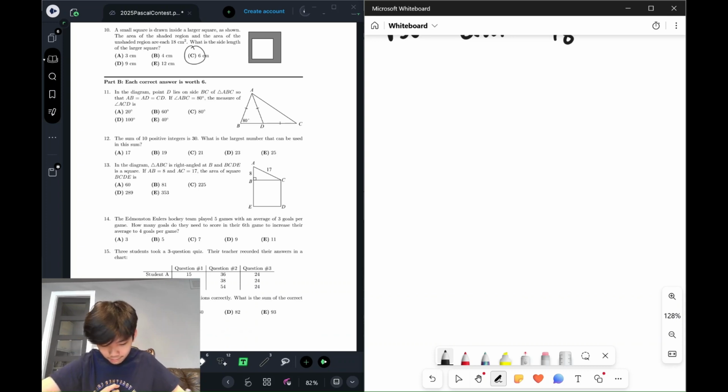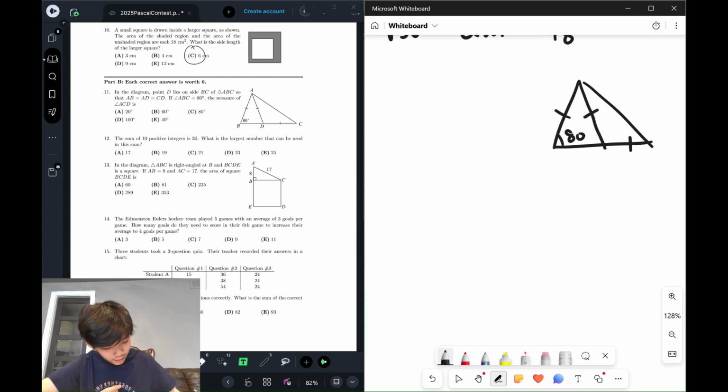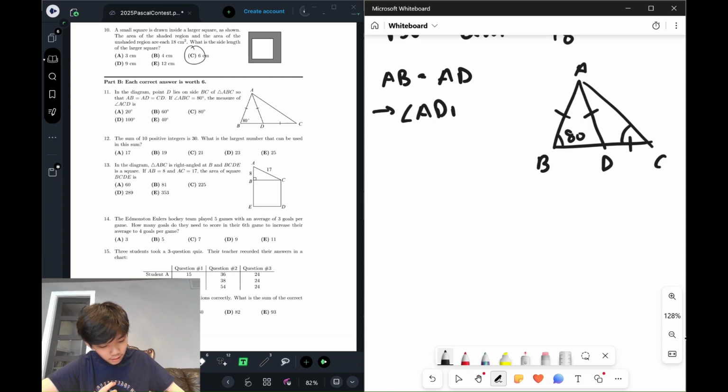In the diagram, we have a triangle. I'll draw that over here. If this one, and this one, and this one are equal, and this is 80. Now it wants the measure of angle ACD over here. So since angle ABD is 80 and AB equals AD, this triangle is isosceles. So this means that angle ADB is also 80 degrees.